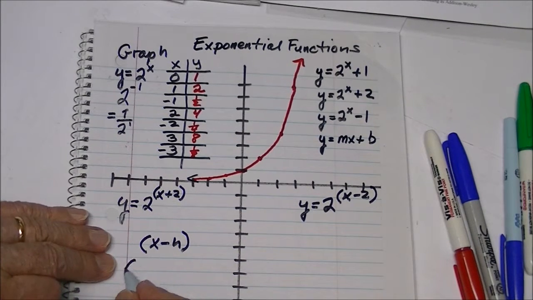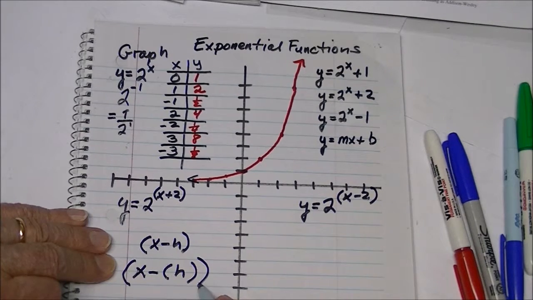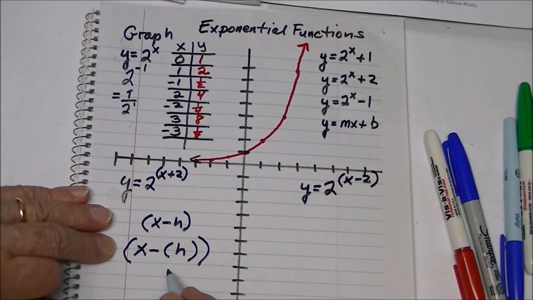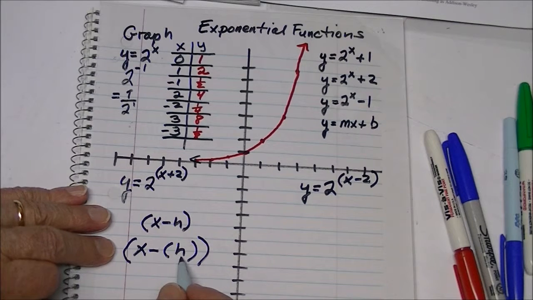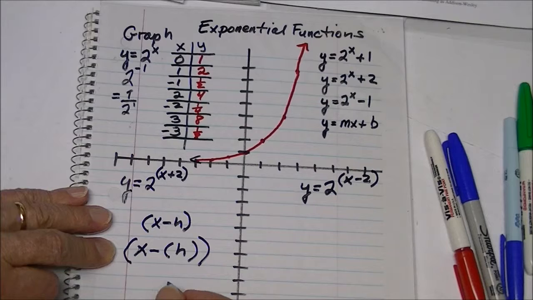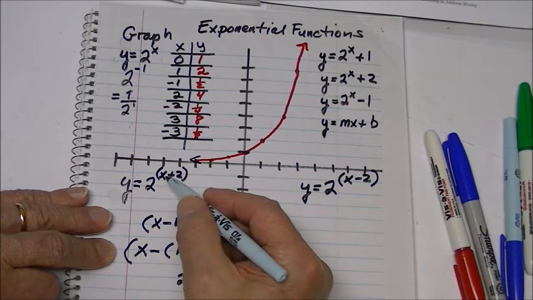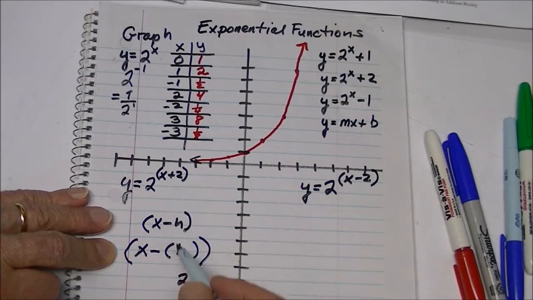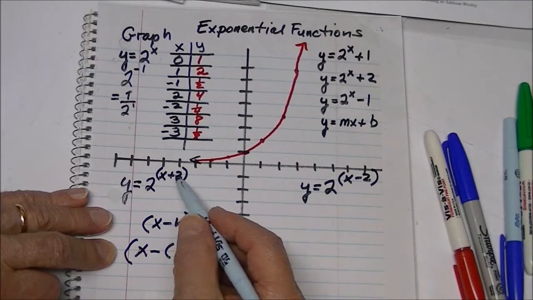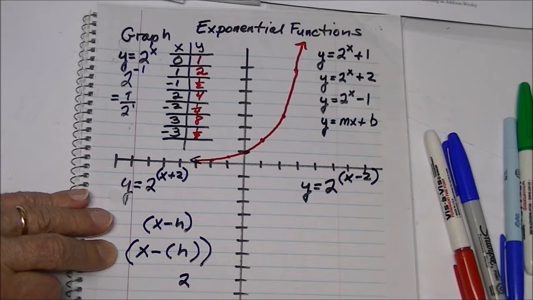So let's write it this way. X minus h in here, like so. Now, when we do that, if our h is 2 here, what was its sign in order for it to end up as a positive 2?